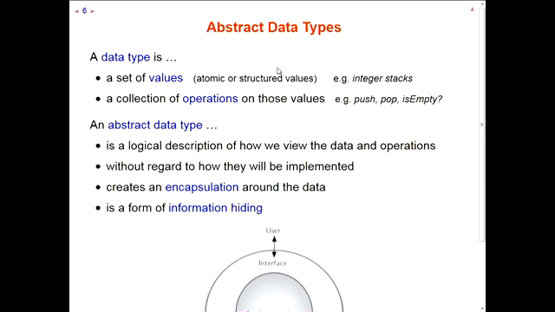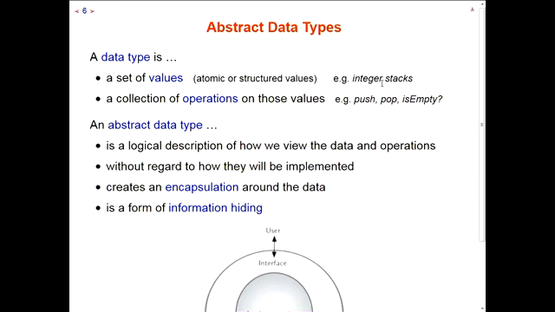First of all, a data type itself is a set of values. It can be atomic or it can be structured. A simple data type would be integers, and then integers is all the possible values an integer variable can take, all the integers. We can have structured data types, for example, integer stacks or integer queues.